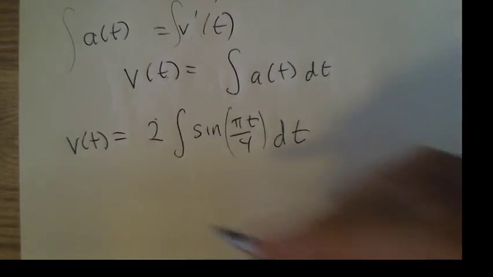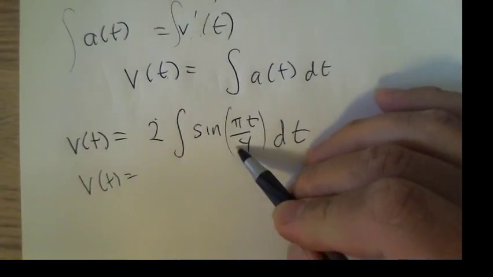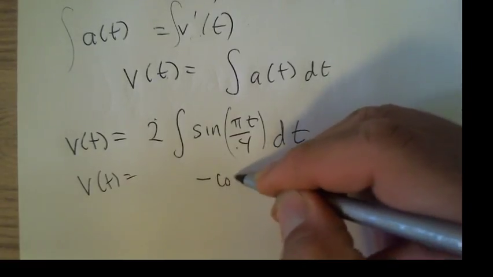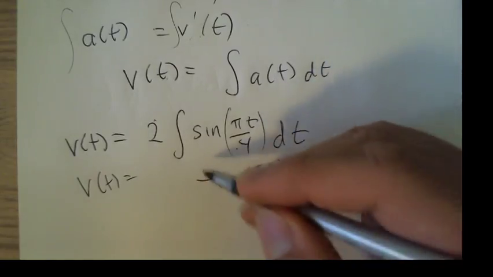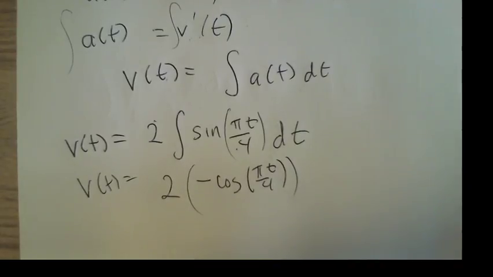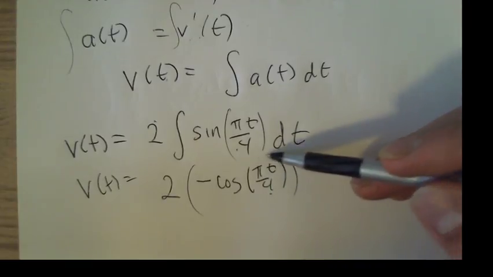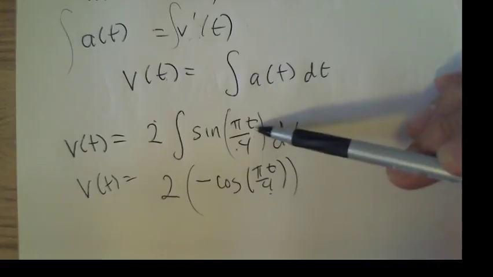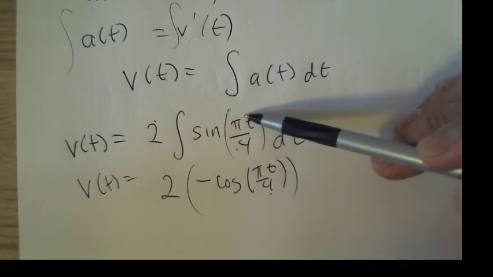Then from here, we'll take the antiderivative. So v of t, the antiderivative of sine, is going to be negative cosine. Now here we have to be careful. I don't want to ignore what's inside. Remember, with a composition, the derivative of this is just going to be pi over 4 if our variable is t.